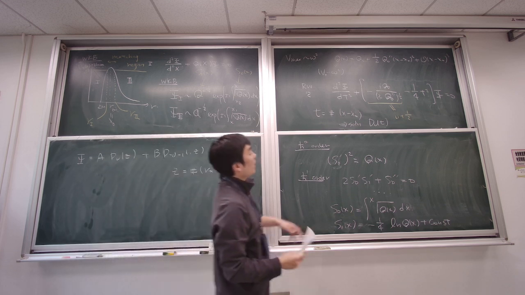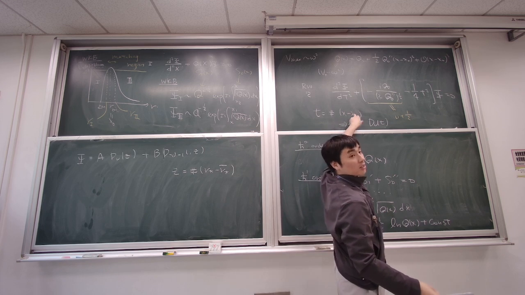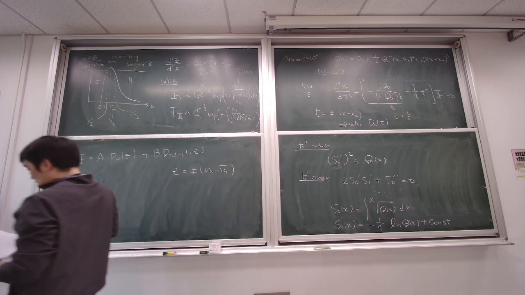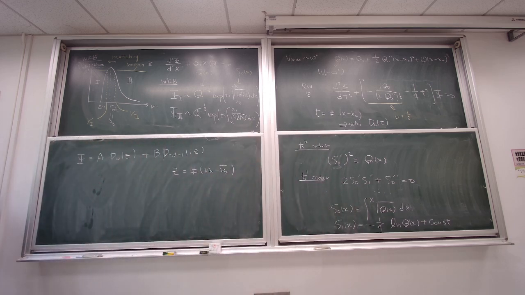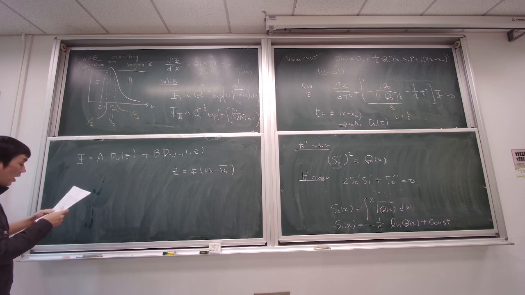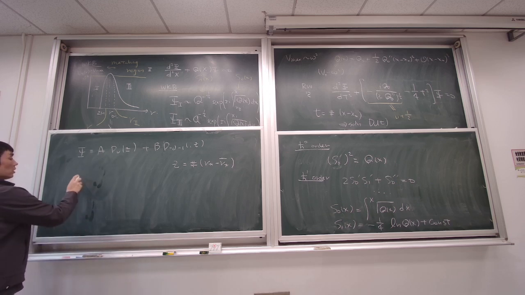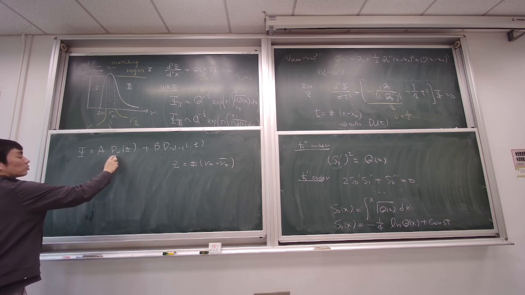I just rewrite x and x minus x0 in terms of r star here. So this is a wave function using a simple behavior of this special function.